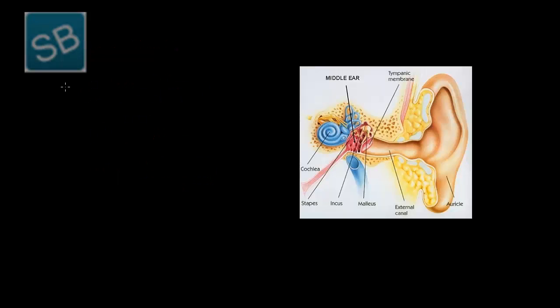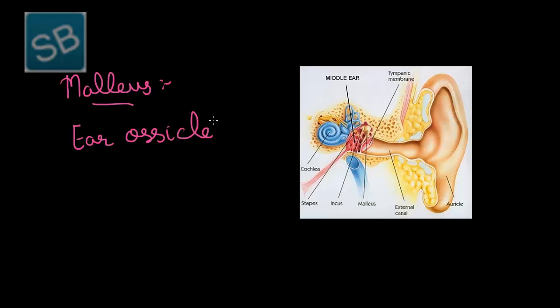So let us understand about the first structure, malleus. Thus, malleus is an ear ossicle which is directly attached to the tympanic membrane and is a hammer-shaped structure.